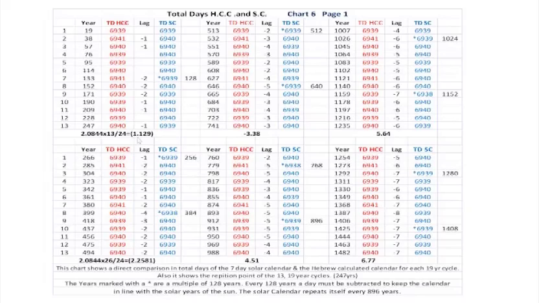Now, when they come into alignment, there's a little factor here, just like there was in the solar year. And actually, the moon has traveled just a little bit further than coming into perfect alignment. And that number is 2.0844. That's the number of hours that are different in that 19 years.